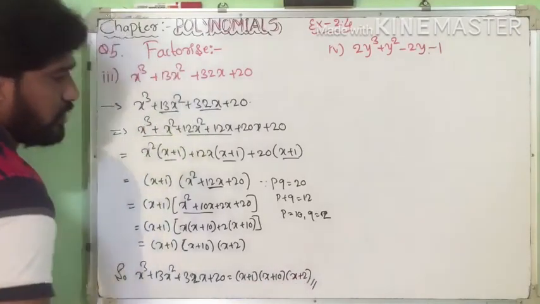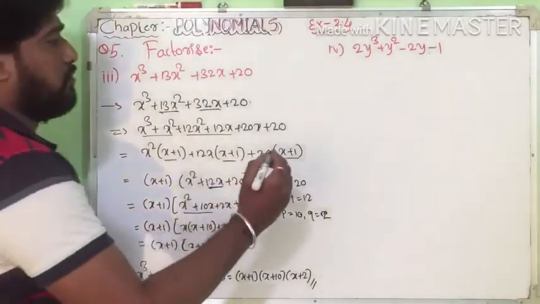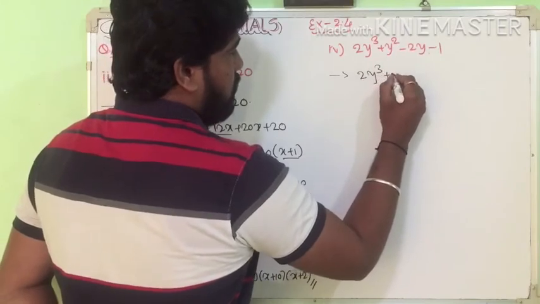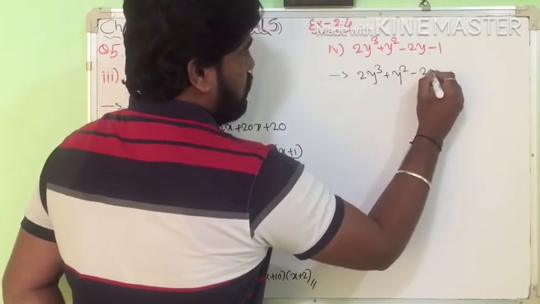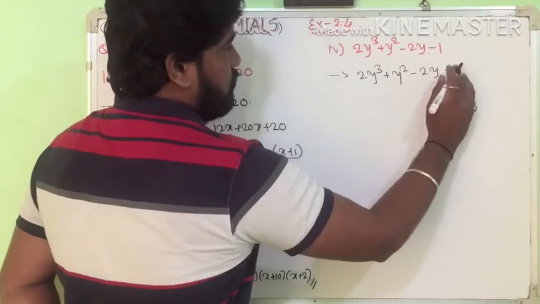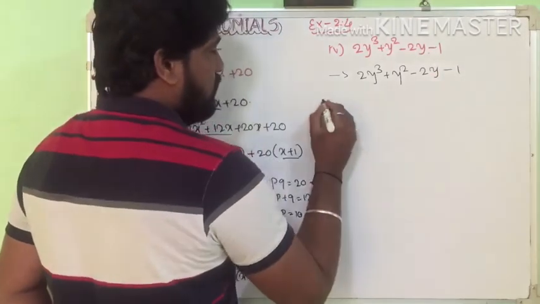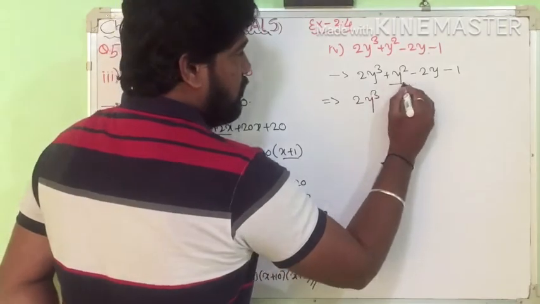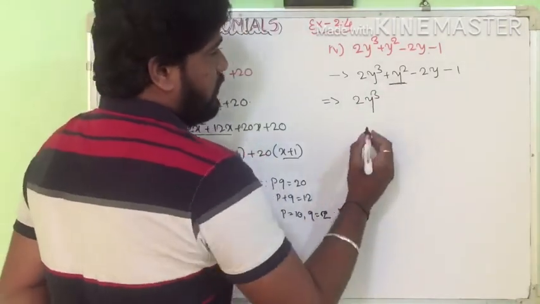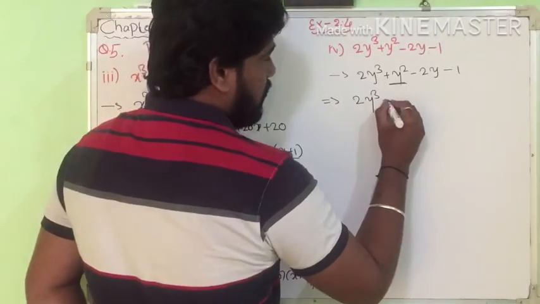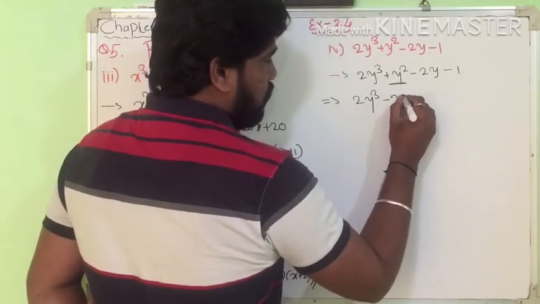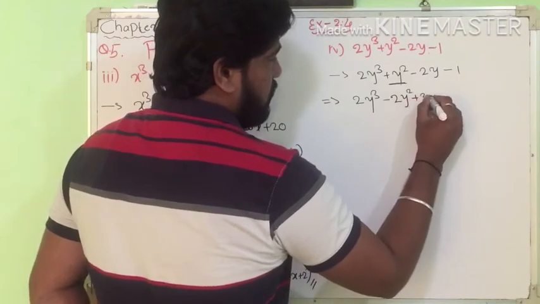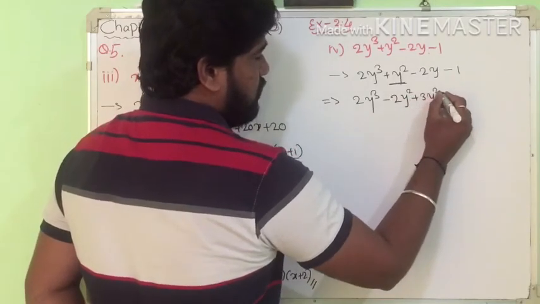Right? So similarly, next question is, write down 2y cube plus y square minus 2y minus 1. Right? So here we will modify. 2y cube as it is. So this one we can write minus 2y square plus 3y square.